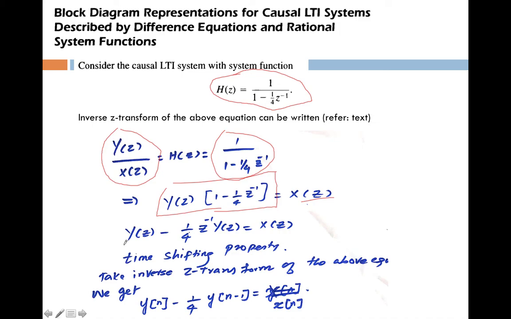Using the time shifting property, by taking the inverse transform, you will get y of n, and the inverse z transform of z power minus 1 into y of z is y of n minus 1, and the inverse z transform of x of z is x of n. That is, the inverse z transform of this equation is y of n minus 1 by 4 y of n minus 1 is equal to x of n.